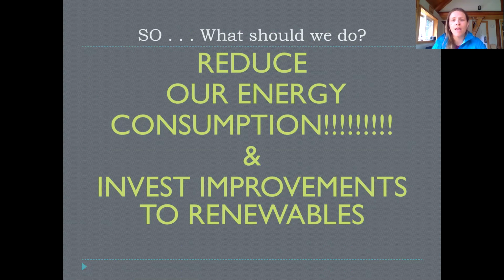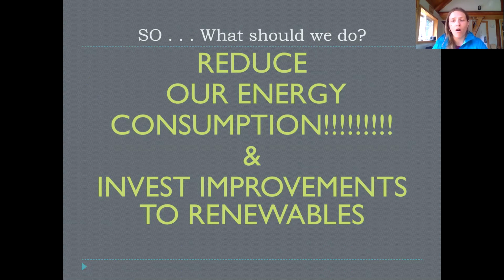That's number one. And then secondly, we need to find ways to replace the energy sources that we are dependent on. We need to replace these fossil fuels with other energy-producing sources. Hopefully this will be done a lot with renewable sources, things like solar and wind energy that can't be used up.